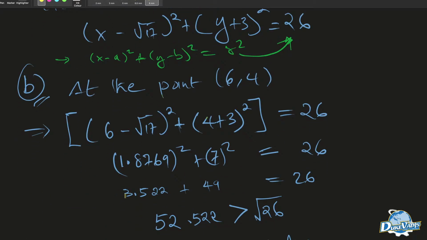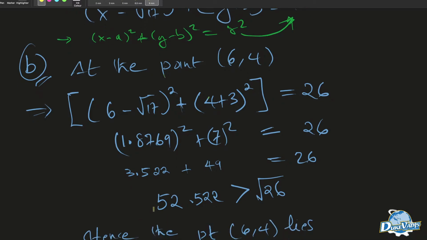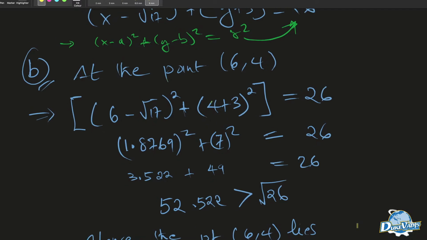The square of the difference is 1.8769, plus the square of 7. When we compute it, we get 52.522, which is greater than 26. Hence the point (6, 4) lies outside the circle.